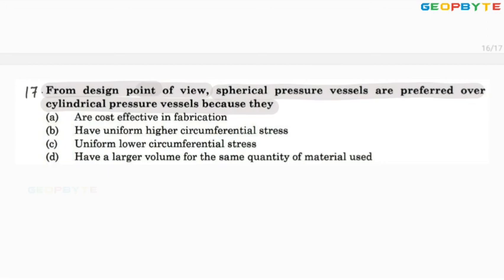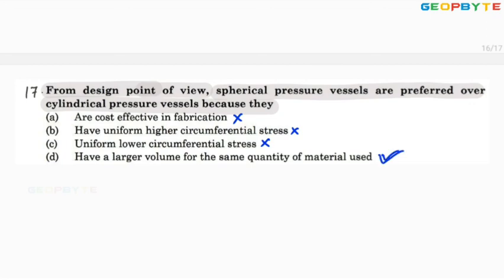Look at option A. Are cost effective in fabrication? No. Have uniform higher circumferential stress? No. Having uniform lower circumferential stress? No. D. Have a larger volume for the same quantity of material? Absolutely correct.